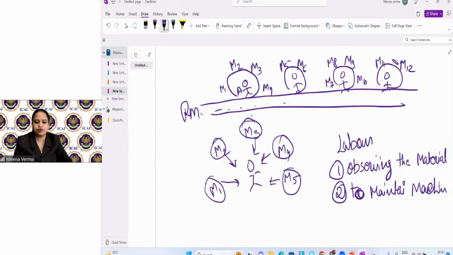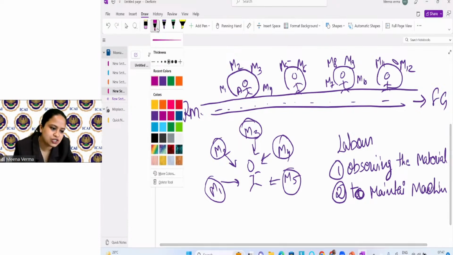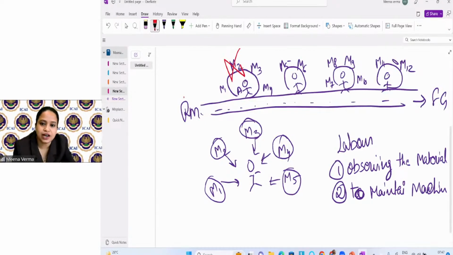It will keep on moving to get the value addition, and then you will get the final goods. The point is that if any of the machines fails here, for any reason, it will create disaster for the entire cellular manufacturing or just in time process of manufacturing, the way you are producing the goods.